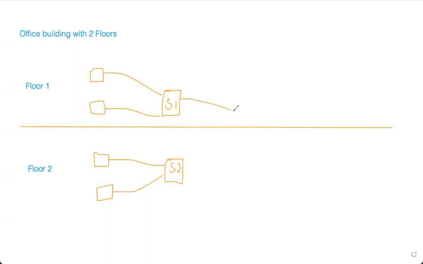And switch 1 will be connected to the router. Switch 2 will be connected to the router, and from the router, they will be connected to the service provider, and from the service provider, they go to the internet.